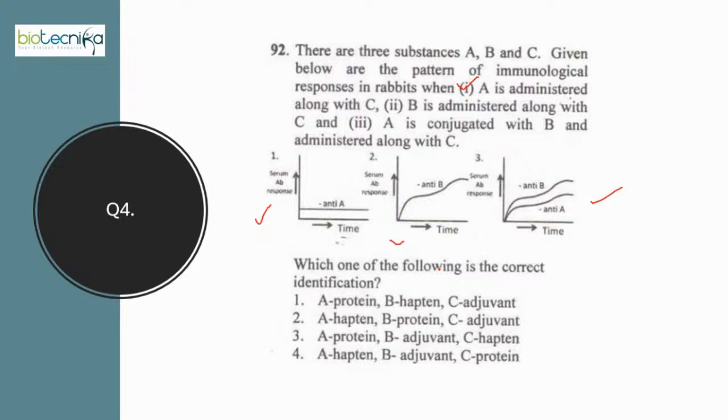First, understand that an immunogen is a stimulus which produces a humoral or cell mediated immune response. An antigen is that substance which binds to the antibody or a T cell receptor.